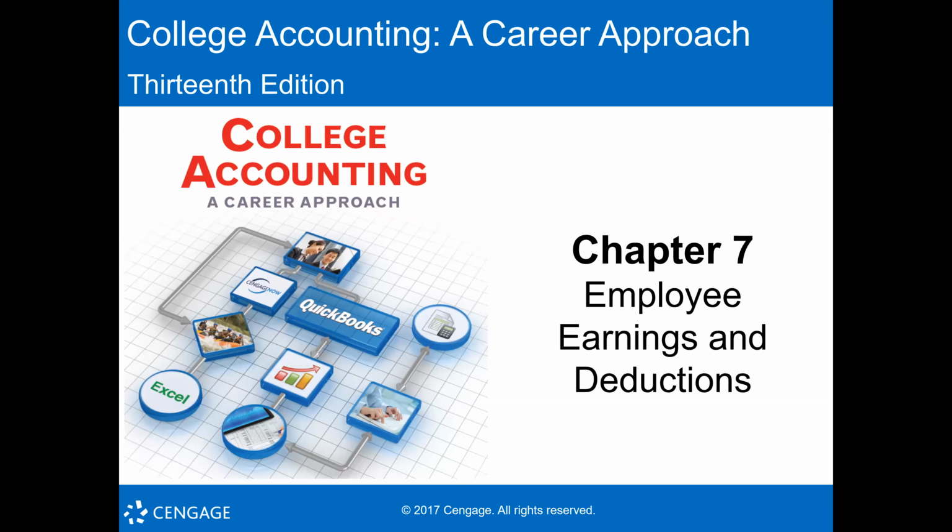So in Chapter 8, we look at the employer side of it. So Chapter 7, we look at the employee side of payroll. And then Chapter 8, we look at the employer side of payroll. So that's what we're doing here in Chapter 7.